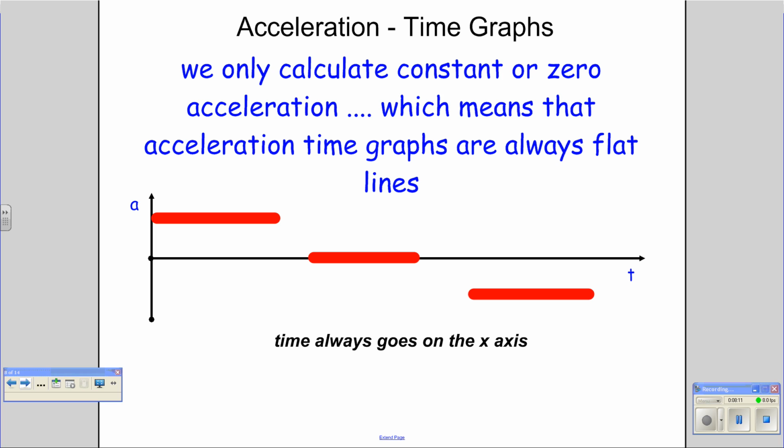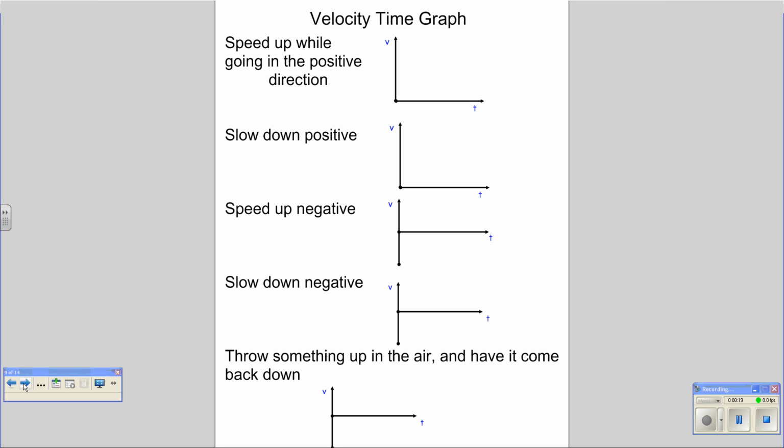All right, time always goes on the x-axis, so this y-axis will be your acceleration, your velocity, or your position. All right, so your acceleration time graphs can only be flat. Velocity time graphs can be flat, or they can have a slope up or a slope down.